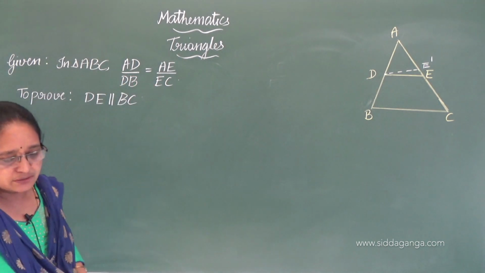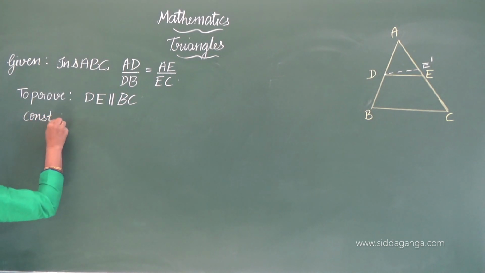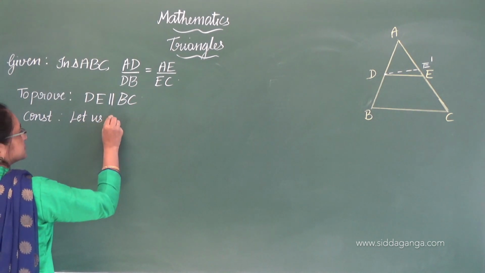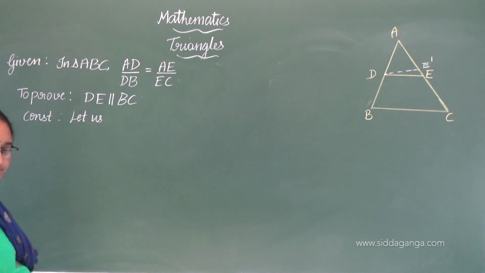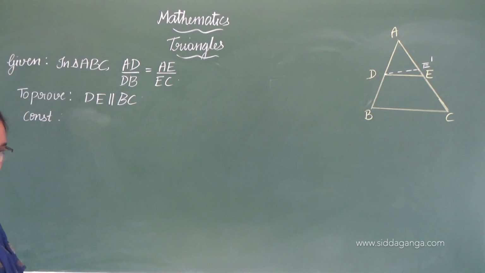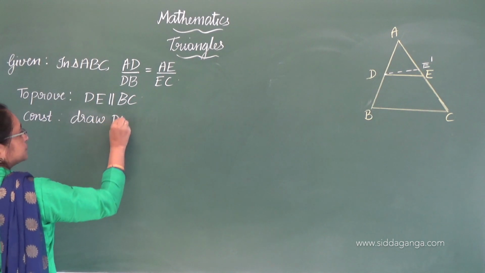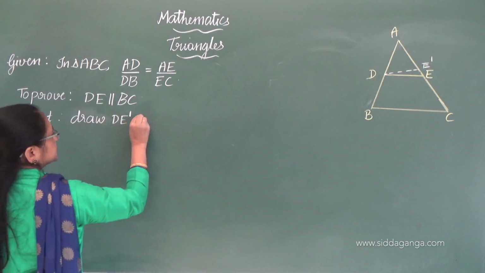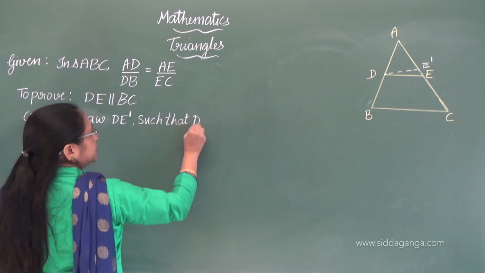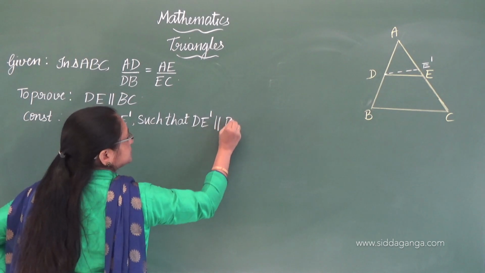Okay, for that there is a construction. Let us draw DE dash such that DE dash is parallel to BC.